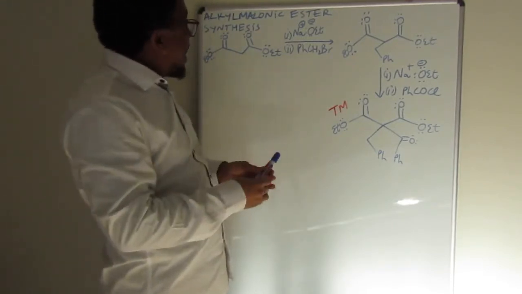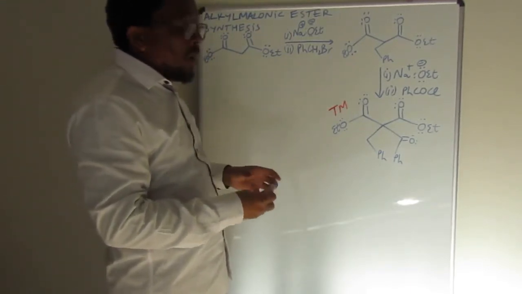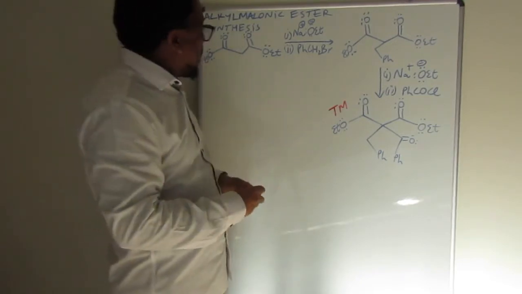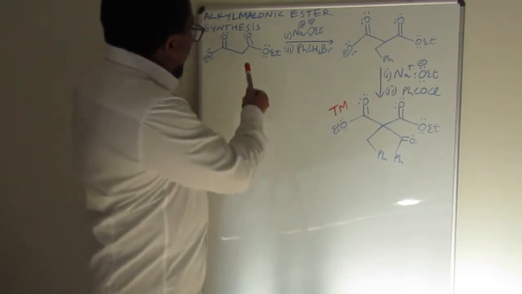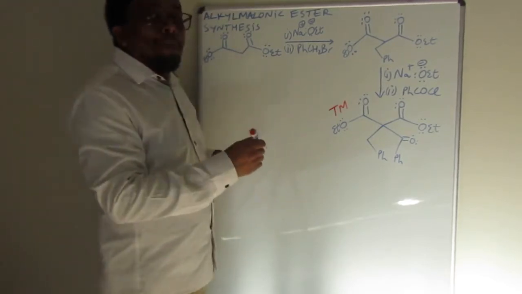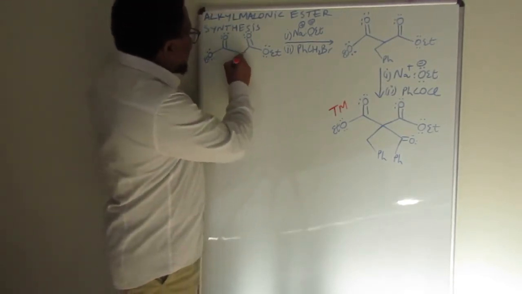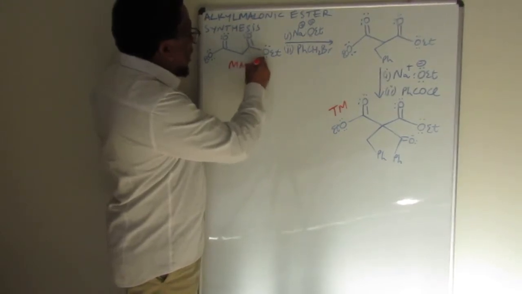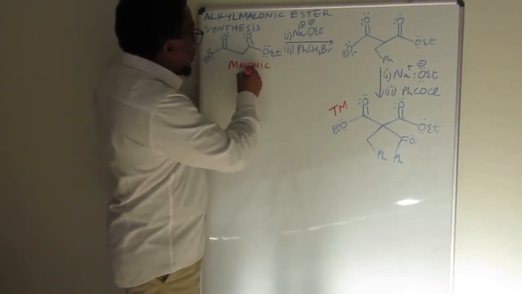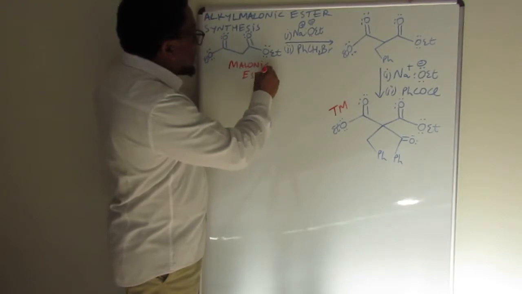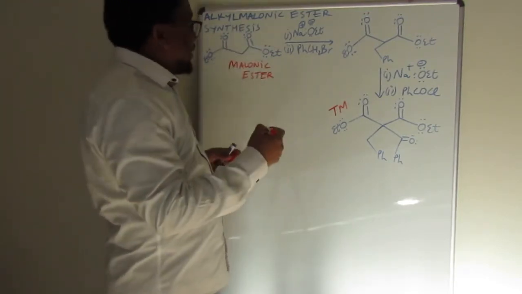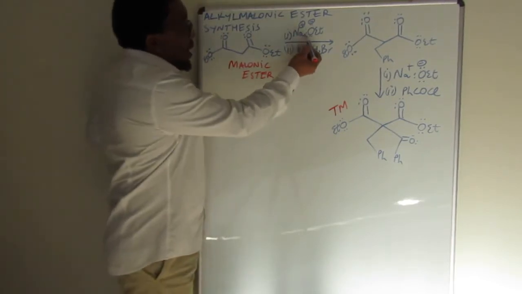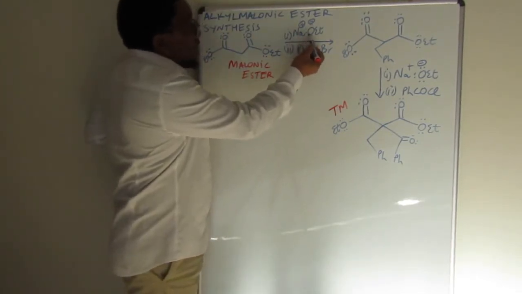Now let us look at the synthesis of our target molecule. What happens here is we start off with our malonic ester. We treat that ester with our base, sodium ethoxide.